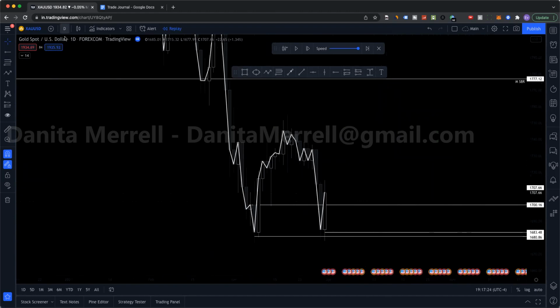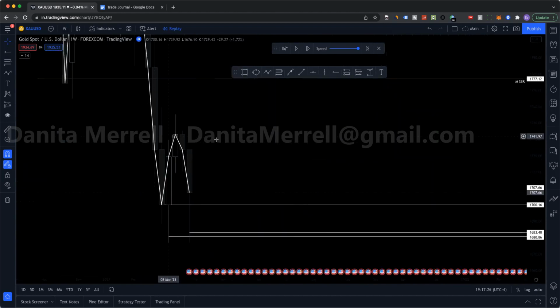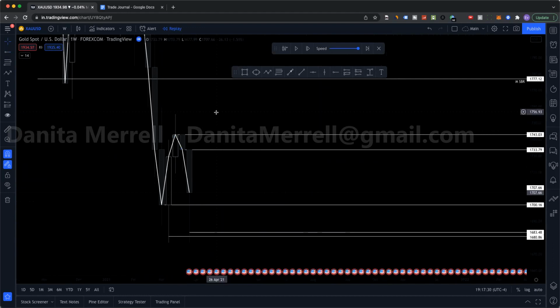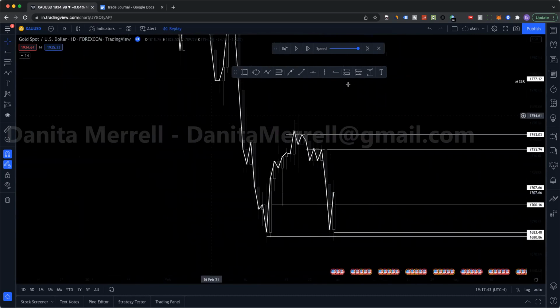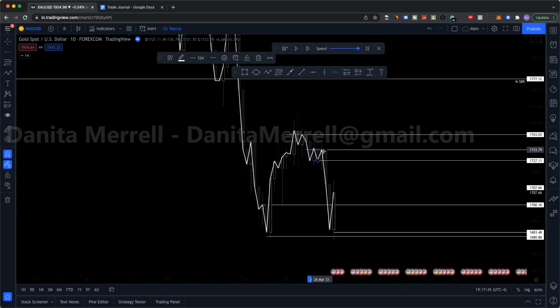So let's look at our weekly again. Okay, so we have a weekly resistance. We need to break these to get to the monthly, even though we're trading from the monthly, because these are roadblocks. Let's go back to our daily. Okay, so on our daily, we have this level and then this level in line with weekly.